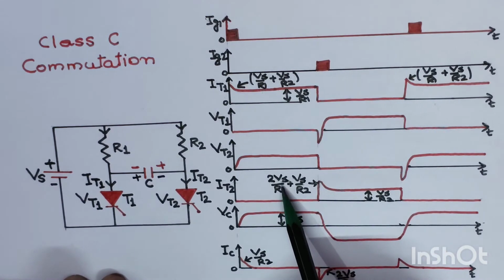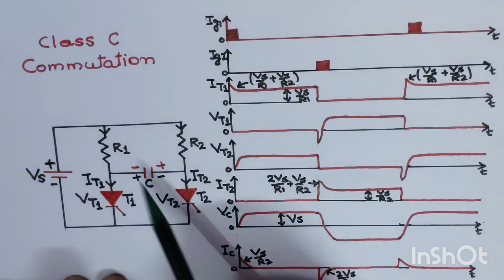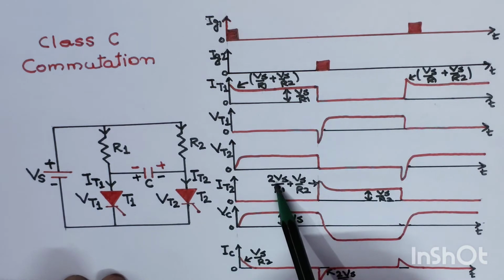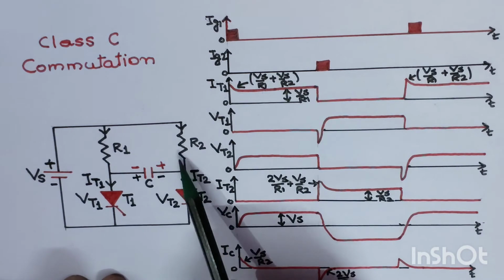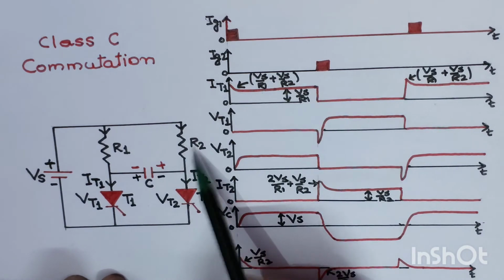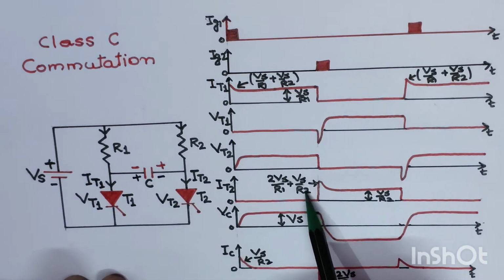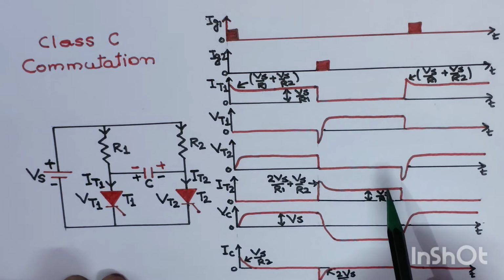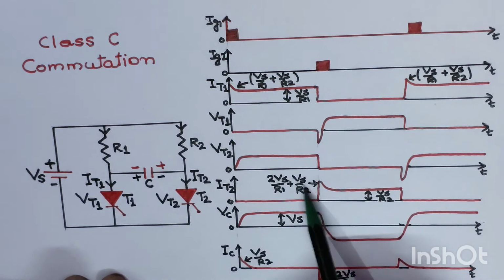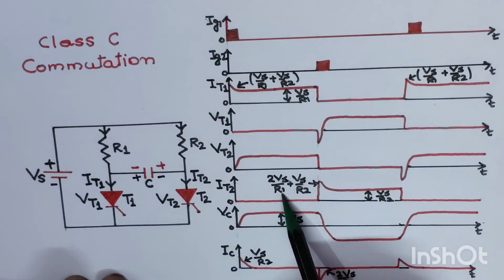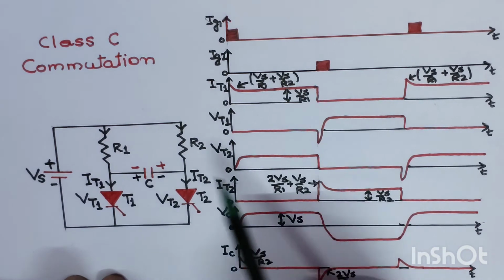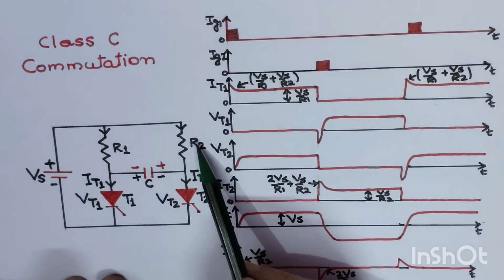One current will be through resistance R1, that will have twice the voltage Vs upon R1, and the second current will be flowing through the resistor R2, that will have Vs by R2. So these are the two currents which are flowing initially: 2 Vs upon R1 will be flowing through the capacitor, and Vs upon R2 will be flowing through the resistance R2.